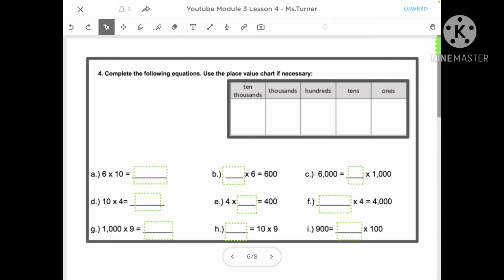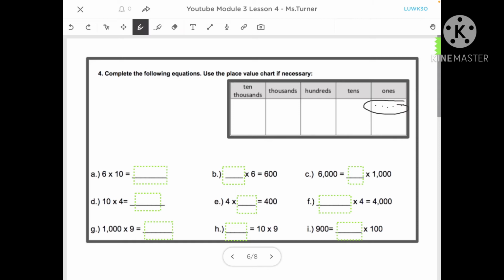On this slide, it's a little bit different because it's not requiring us to use our place value chart. Instead, we're going to have to rely on our place value knowledge in order to complete these problems. So let's start with A. It says 6 times 10. That means I have 6 ones, or a group of 6 ones, and I'm multiplying by 10.